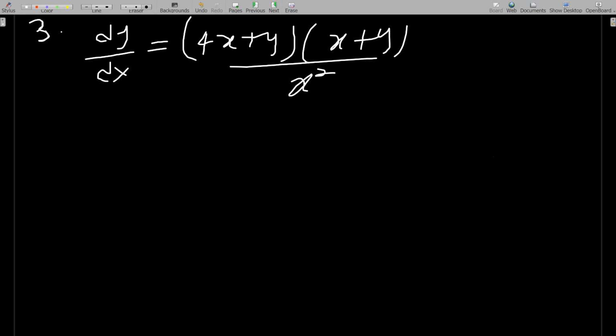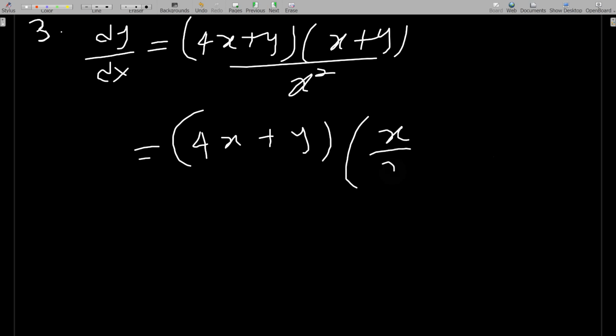Okay, so this could have been written by just dividing by x squared. So I have x over x squared, so I just divided by that, and it's the same.